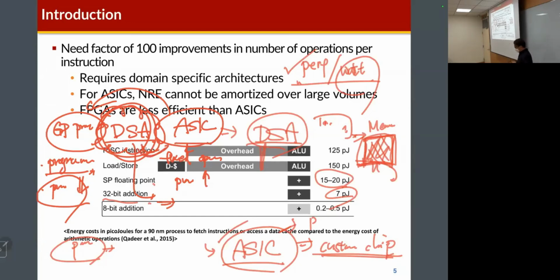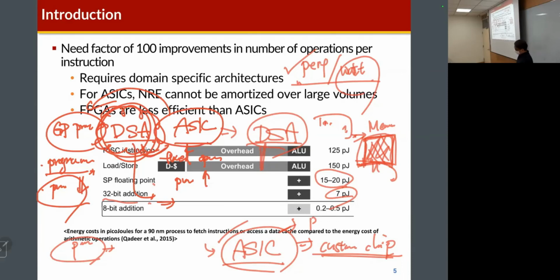So it's totally different from the general purpose processors we study in this course, like the out-of-order processor. It's also different from SIMD architectures or other kinds of architectures, such as vector processors.